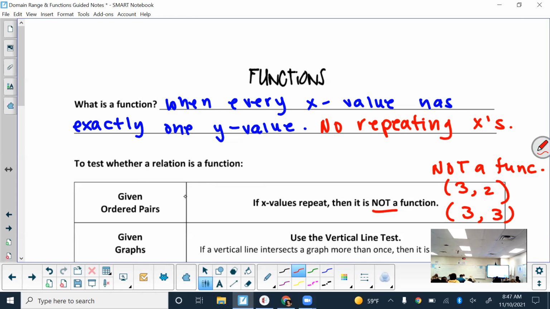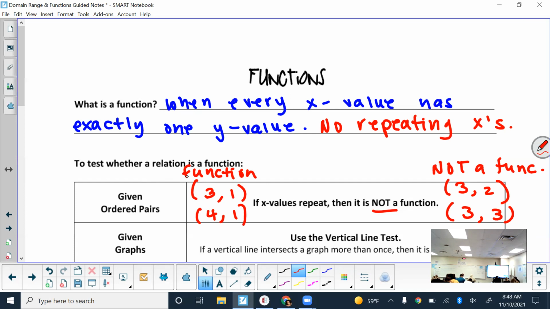Now, if I have repeating y's, like (3, 1) and (4, 1), is that allowed? Yes, the definition doesn't say anything about y's not being able to repeat. So this over here is a function.